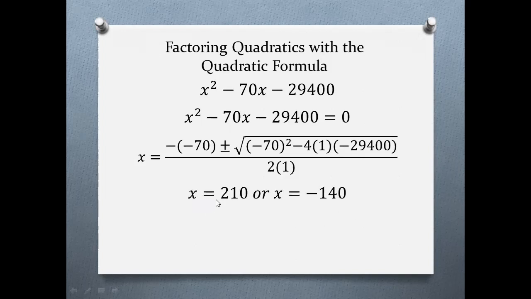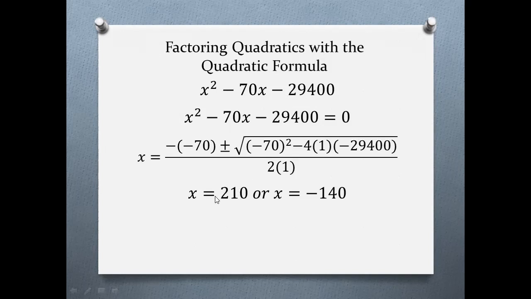The solutions that we get are x is equal to 210 or x is equal to negative 140. Next, we would take these solutions and use them to determine what the factors are for the original expression.